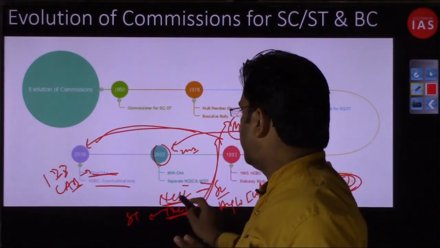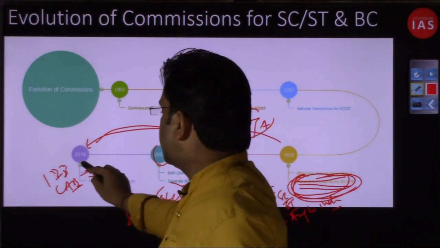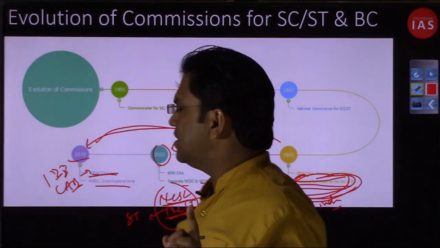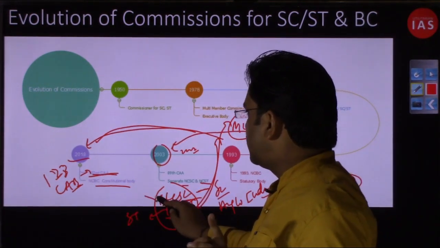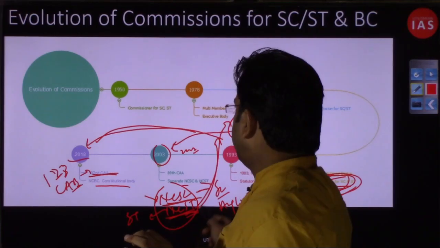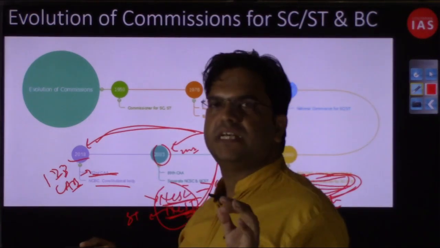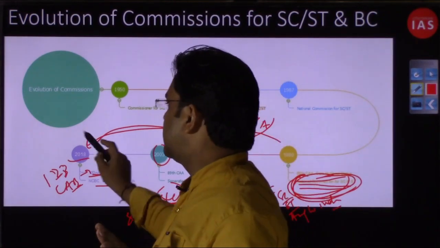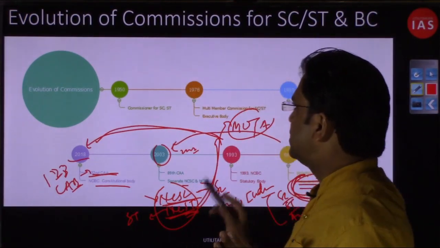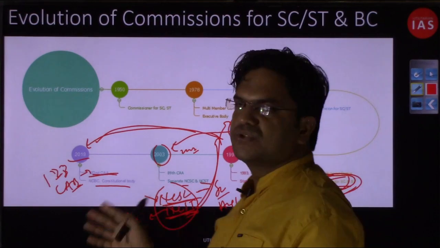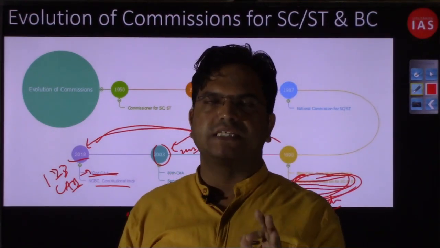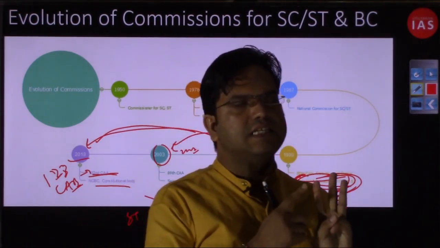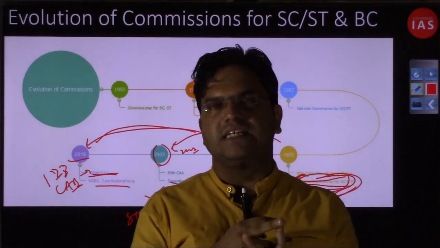I hope you have clarity on the other development that happened in 2018, which is not related to NCSC or NCST but to NCBC, which was until then a statutory body and was granted constitutional status, right? We already covered this point. So this was all about the evolution of the three commissions, NCSC, NCST and NCBC.